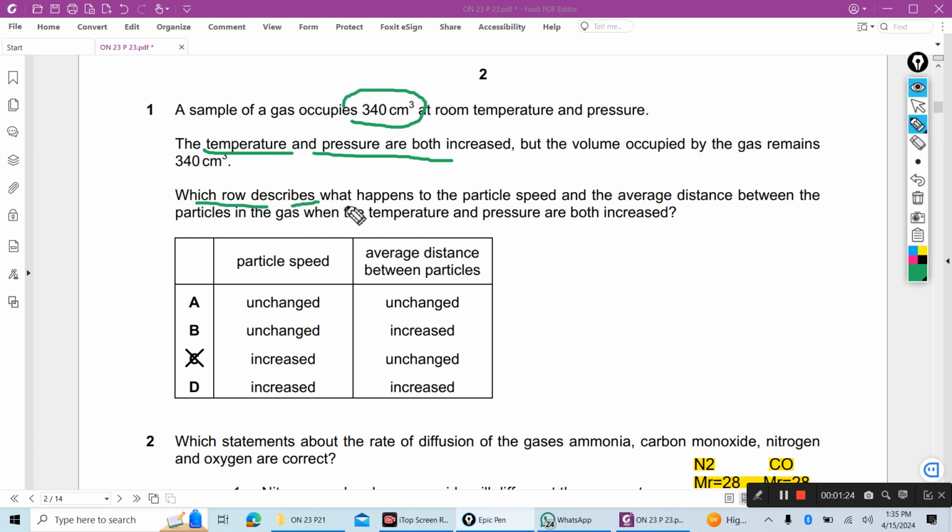Which row describes what happens to the particles' speed and the average distance between the particles in the gas when the temperature and pressure are both increased?